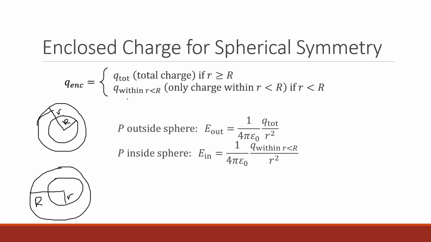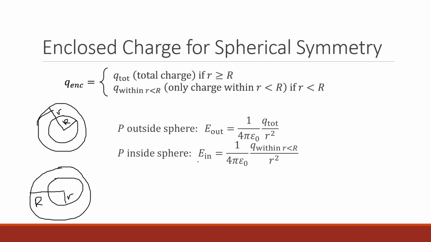So our Q enclosed would be within this surface. If we're kind of taking like a chunk out of whatever our sphere is, our surface that we're interested in, our charge that we're interested in, okay?